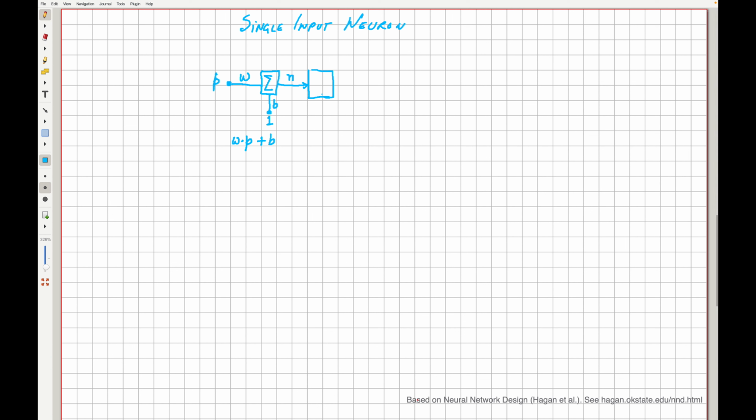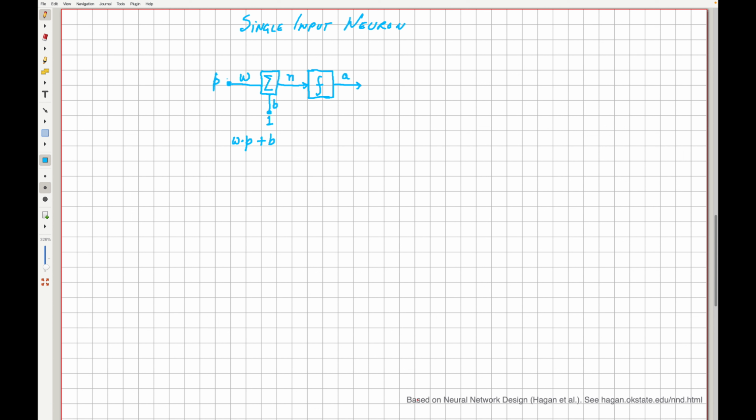So here we are drawing another box which is denoted as f, and the transfer function can be anything, could be purelin or sigmoid, and we'll see some of the transfer functions we are going to use in this series. The n goes as input to the transfer function f, and then comes the output, which is a.